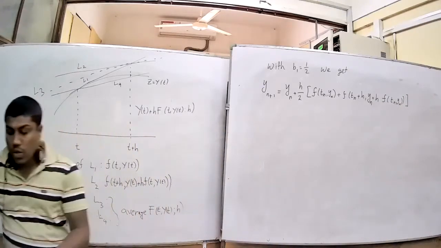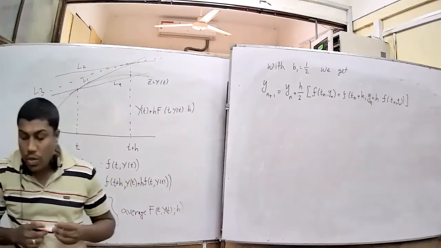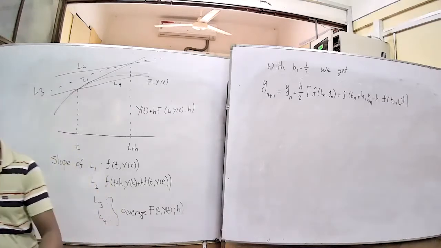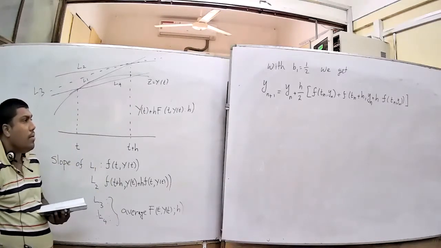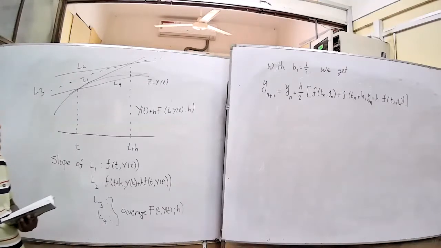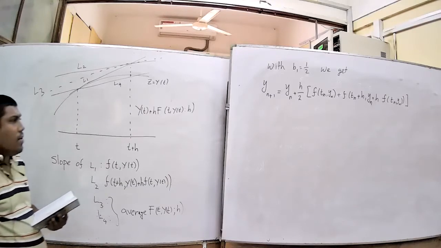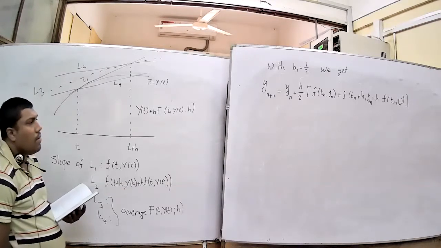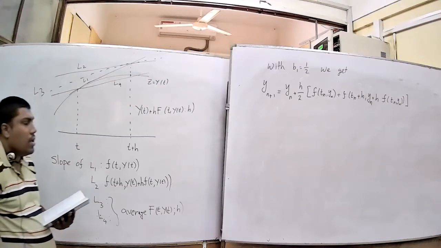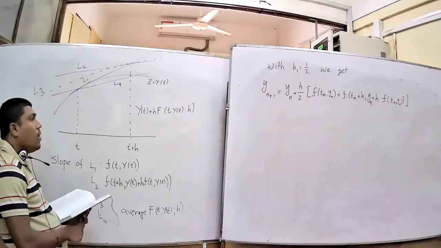So when you substitute b1 equal to half, you get the Runge-Kutta method as y n plus 1 equals y n plus h over 2 times f n, plus f of t n plus h comma y n plus h times f n. This is how you get a second order Runge-Kutta method.